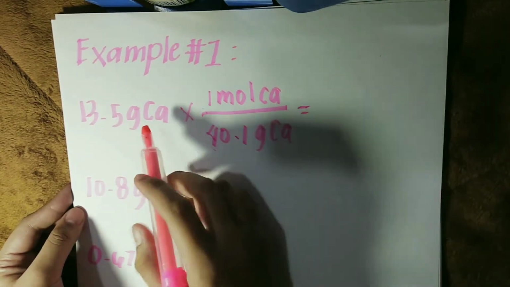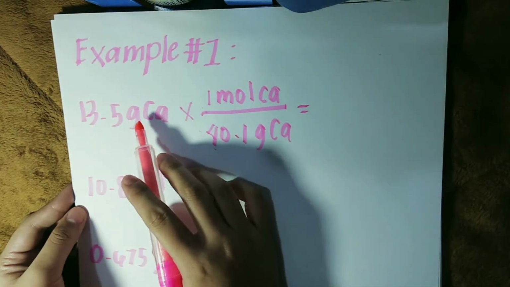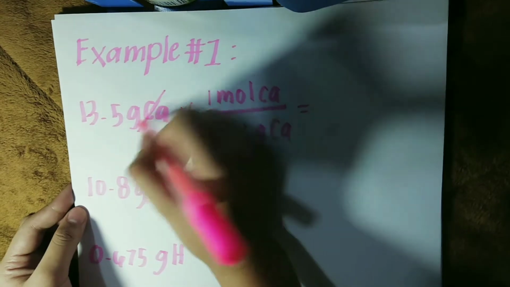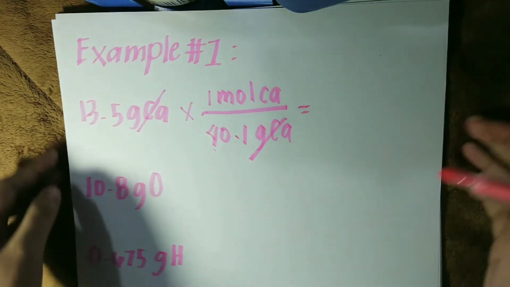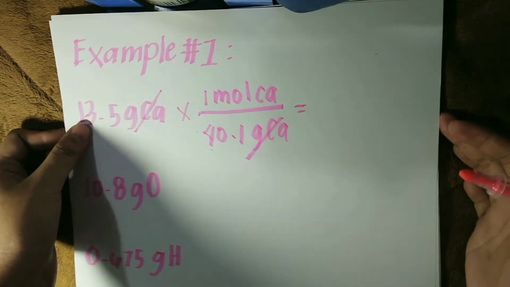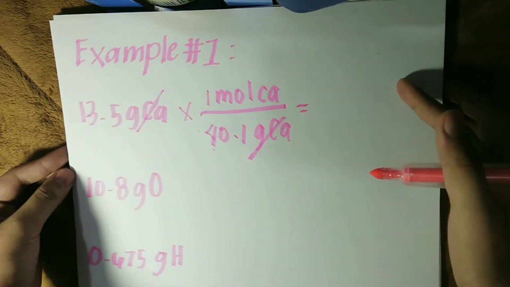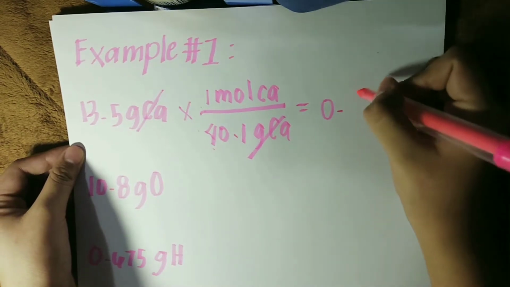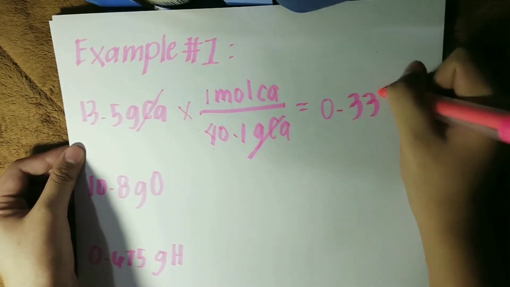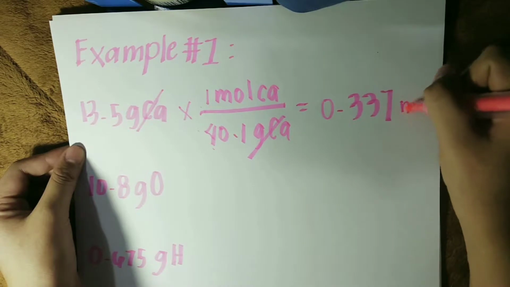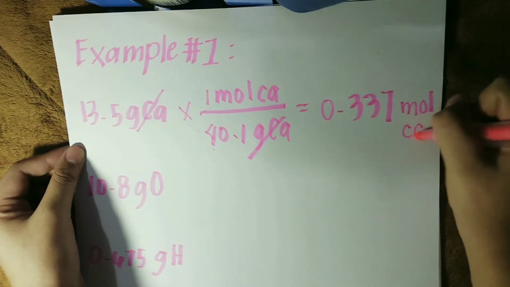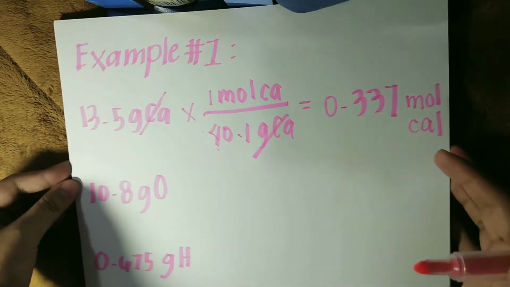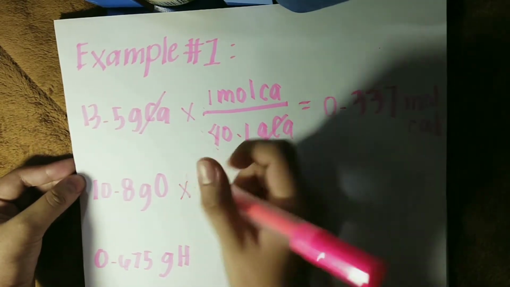Since it has the same unit, we're going to cancel out. So 13.5 multiplied by 1 mole is 13.5 divided by 40.1 is equals to 0.337 mole calcium.